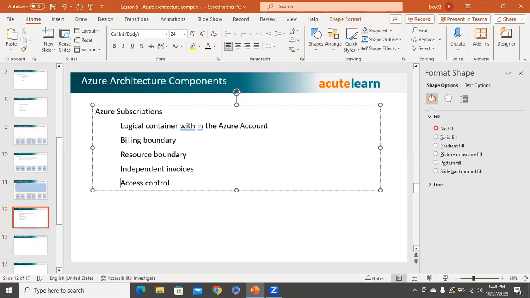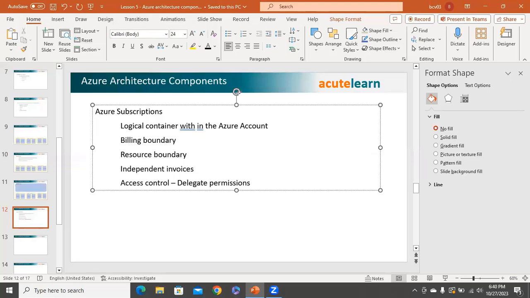Then access control. It basically allows us to delegate permissions at the subscription level. So now we can have a separate subscription for development, which generates a separate invoice for development.